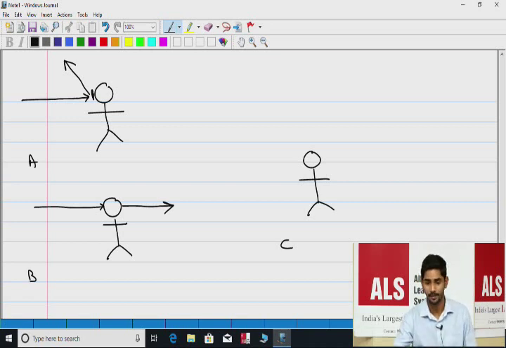And there is type C. They will listen to you, understand the meaning, and make sure that after completion of that particular topic, everything is clear to them. So there are mainly three categories, A, B, and C.